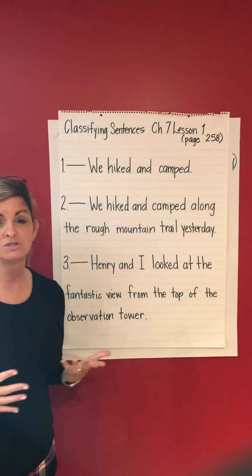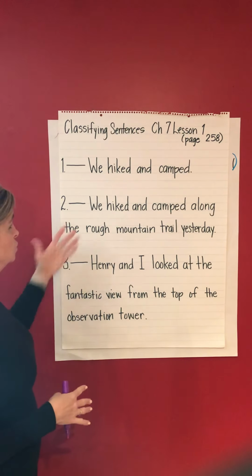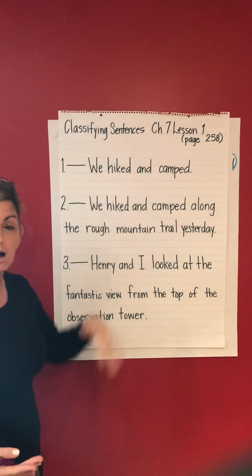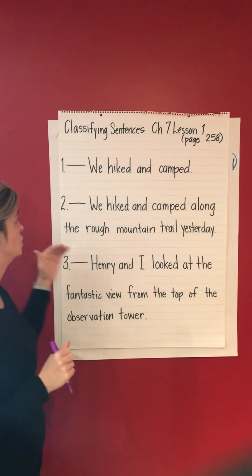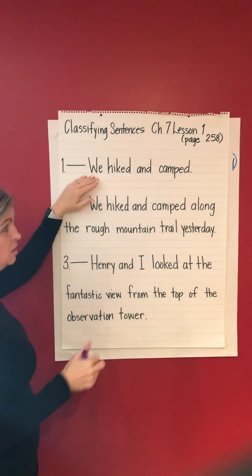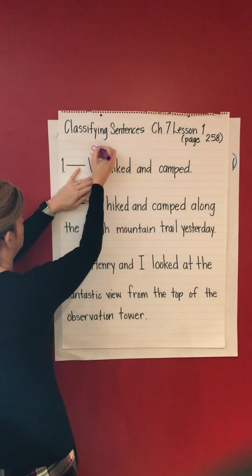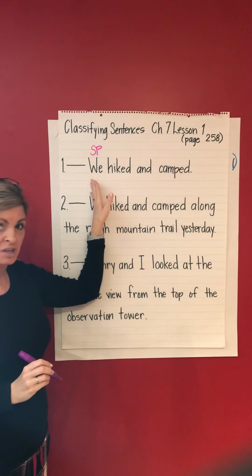Now the first thing we do is look for our verb so that we can ask the question, who hiked? But in this one, we also see that we now have two verbs instead of just one. So who hiked and camped? And the answer to that is we, subject pronoun. What is being said about we?